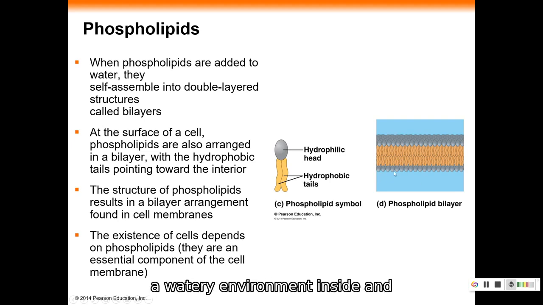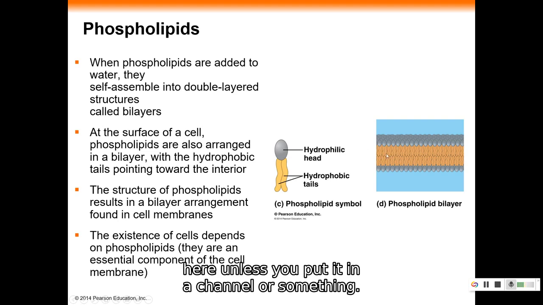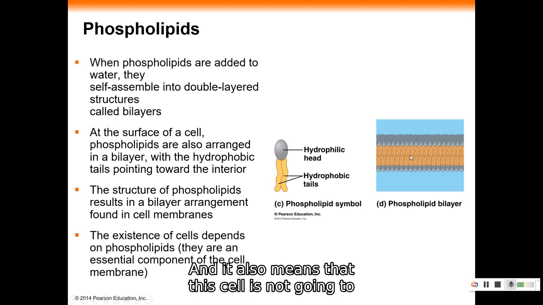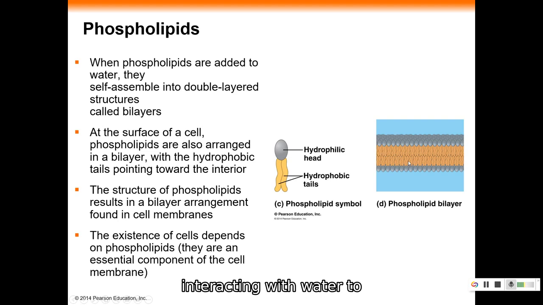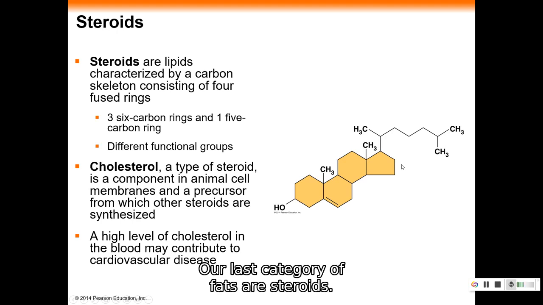So your cell can have a watery environment inside and a watery environment outside, but water isn't able to really pass through here unless you put in a channel or something. So this is really good at giving integrity to what is able to go in and out of the cell. And it also means that this cell is not going to be dissolved, because the fatty tails are not going to be interacting with water to allow those phospholipids to be dissolved.